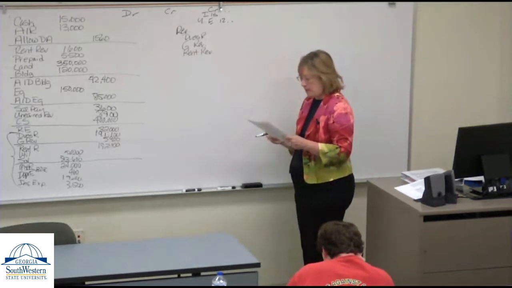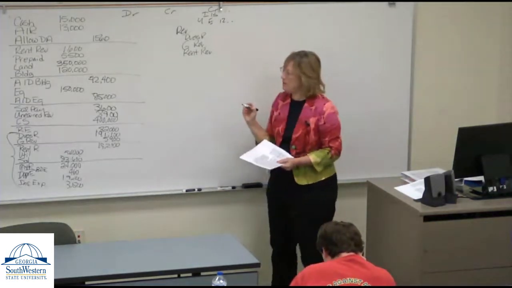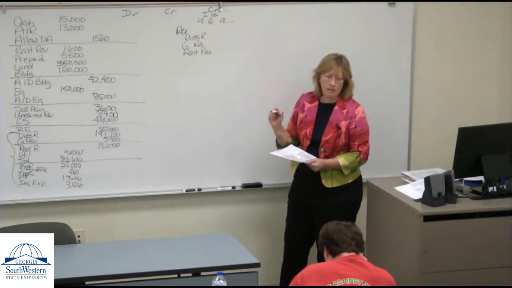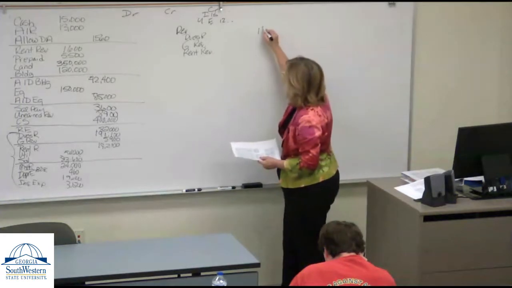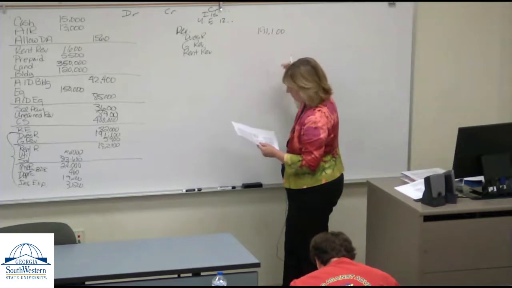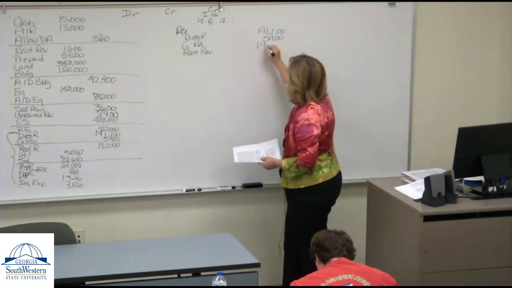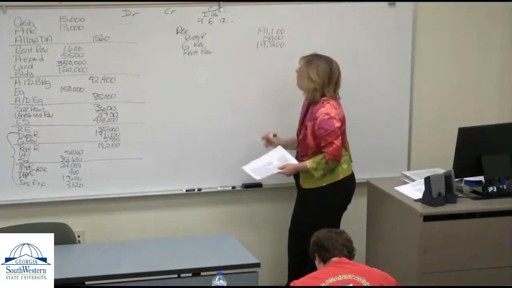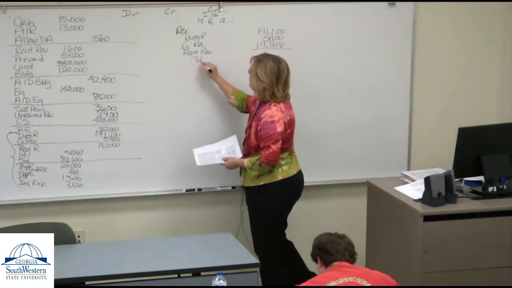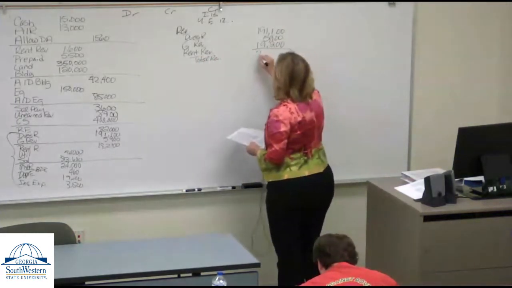We list the amounts of those. It doesn't matter particularly, but most people would start out in the right-hand column: 191,100, 5,900, and 19,200. Okay, so these are our total revenues. Total revenue is 216,200.